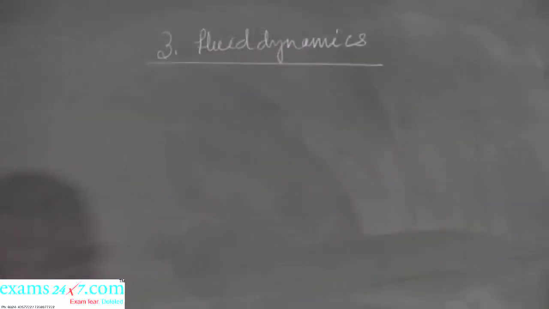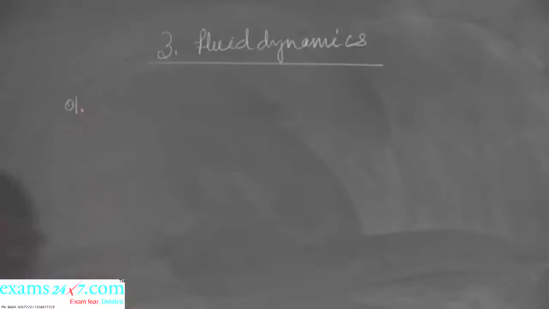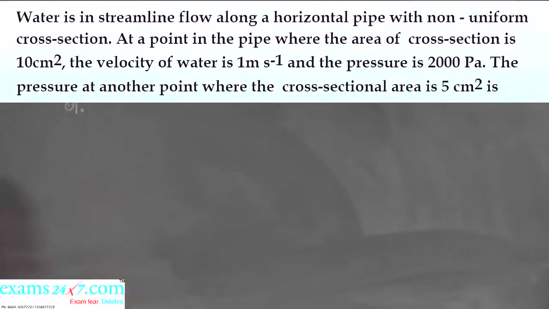Yes. So in fluid dynamics, let us see question number 1. Water in a streamline flow along a horizontal pipe with non-uniform cross section. At a point in the pipe where the area of cross section is 10 centimeter square, velocity of water is 1 meter per second and the pressure is 2000 Pascal. The pressure at another point where the cross-section area is 5 centimeters square is.